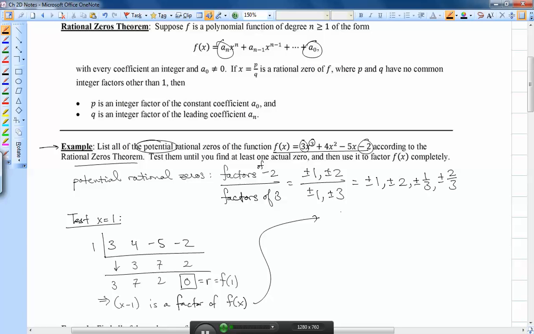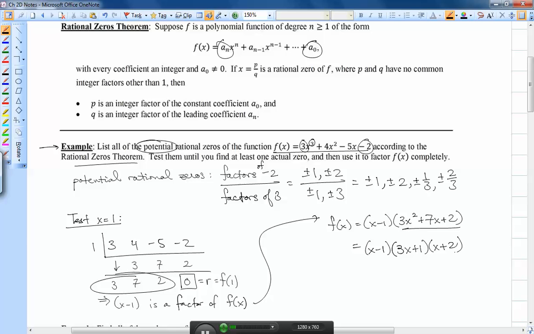So we can write f of x as x minus 1 times 3x squared plus 7x plus 2. And this one you can factor by hand: x minus 1 times 3x plus 1 times x plus 2.